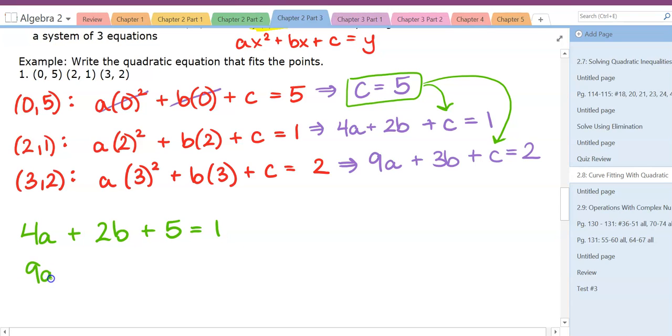And then I would have 9a plus 3b plus 5 equals 2. I'm going to move the 5s over to get them combined with those regular numbers. So for both of these equations, I'm subtracting 5.